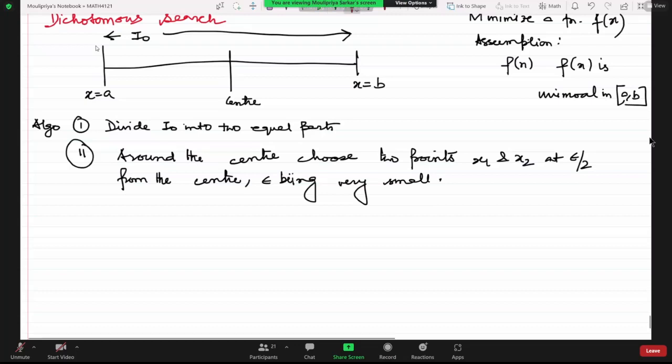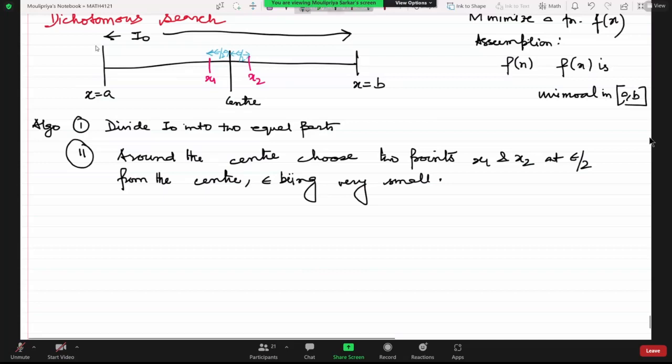So what did we do? This is my x1, this is my x2. This distance is epsilon by 2. This distance is epsilon by 2. Is everything visible that I have written?